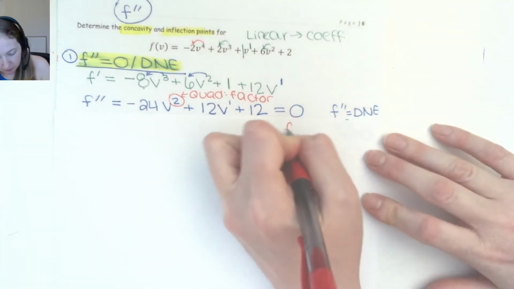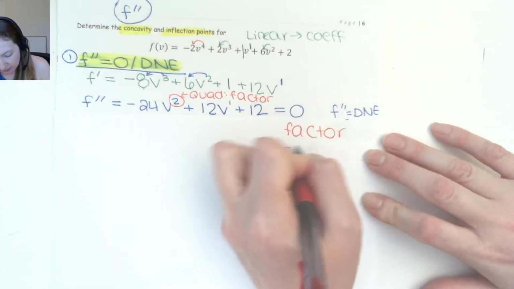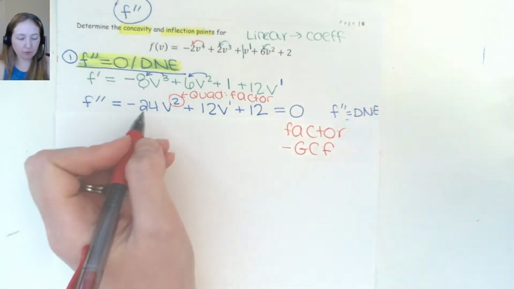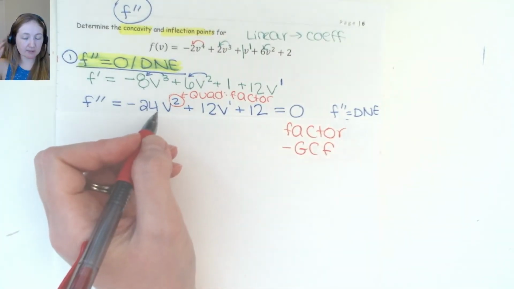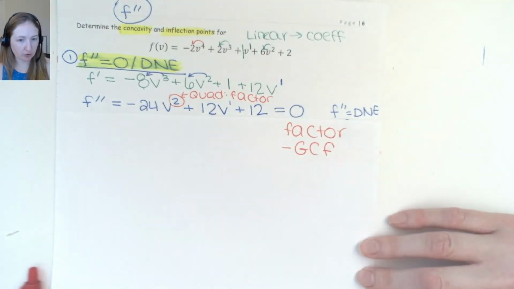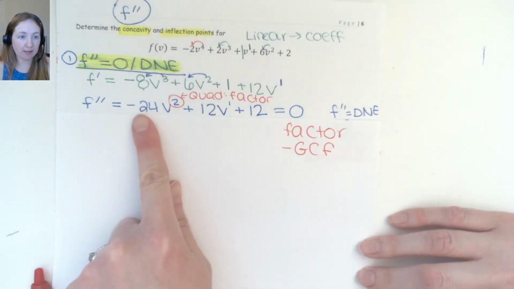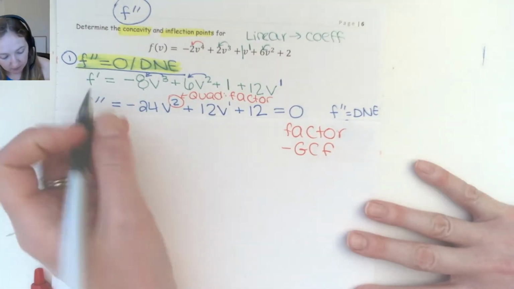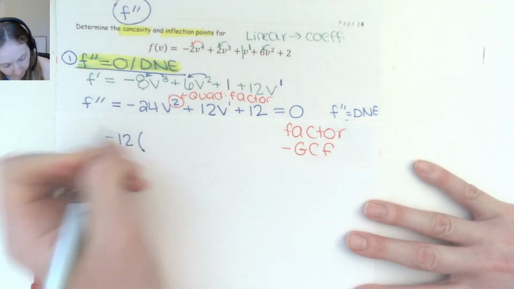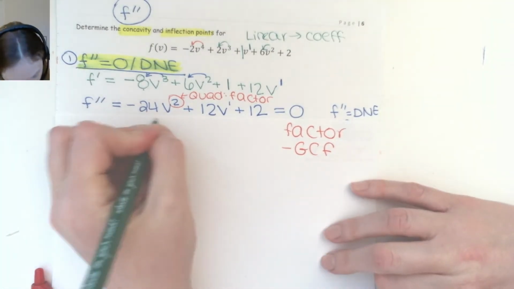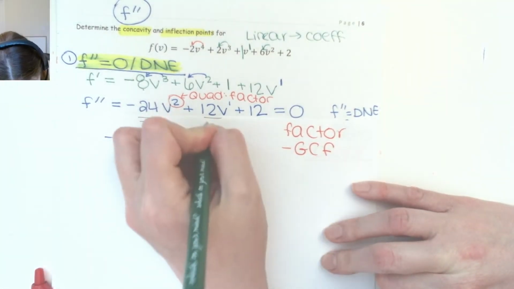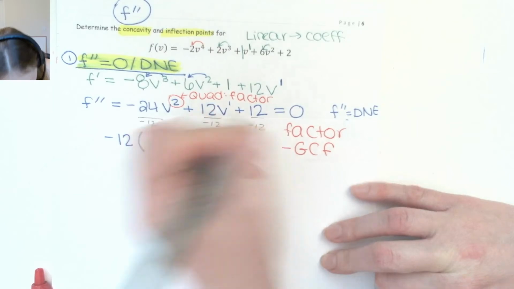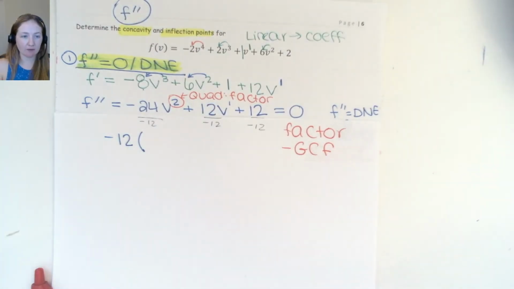So first thing with factoring, we think about, is there a GCF? You'll notice here there is a GCF of 12. You'll also notice you're starting with a negative, and if they're starting with a negative, I always like to bring out that negative. So this is going to be negative 12, and then what I do is I divide each of these terms by negative 12 to get that GCF out.